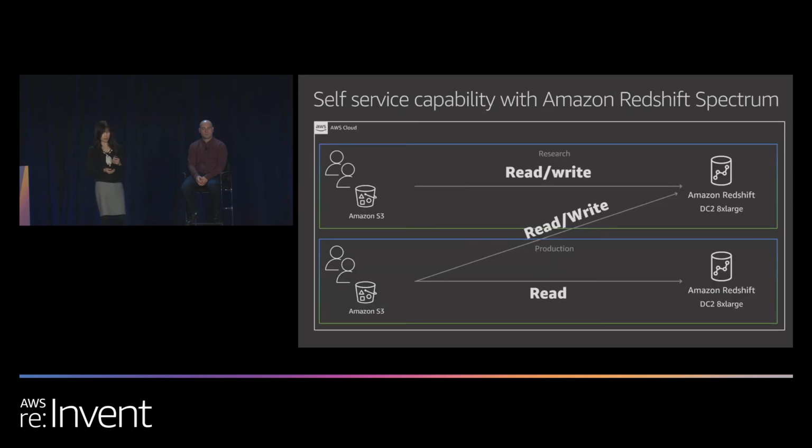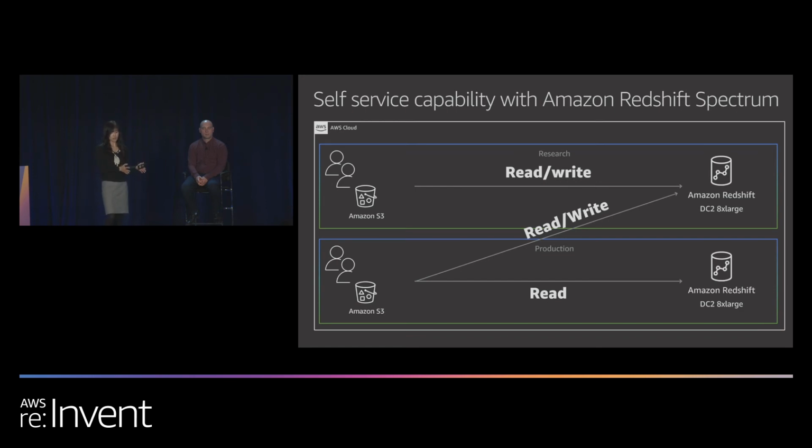So another capability that we want to provide is the self-service capability. And again, we leverage Redshift Spectrum for that. In this example, I'll try to depict that in the production environment, we have Redshift clusters and S3 buckets. We need to make sure that we protect our production data.